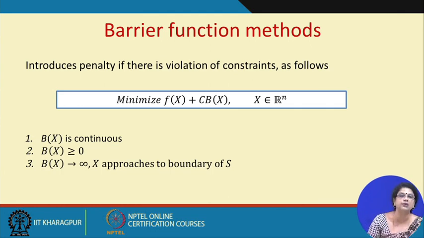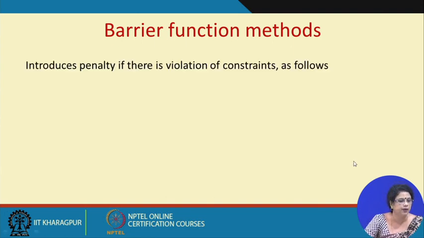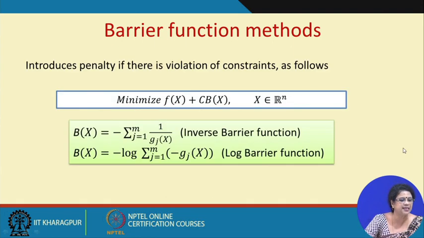There is a trend of B(x) as well, just like P(x) as you have seen. B(x) is measured as a violation penalty because of violation of the constraint.